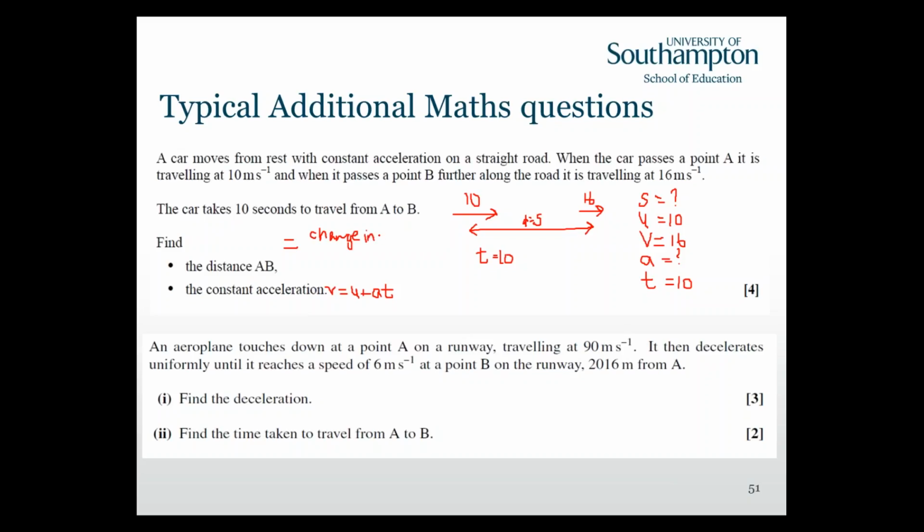So like it always was, it's the change in velocity over time. So you don't necessarily need to use the fancy equations here. So 16 minus 10 is 6, over the 10 is just 0.6 metres.